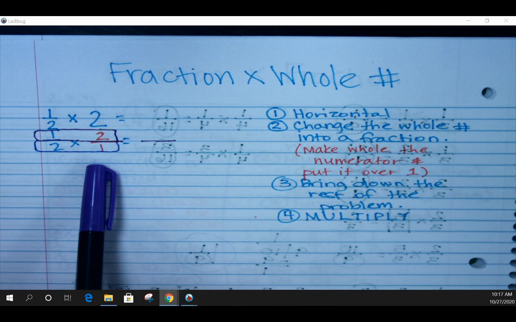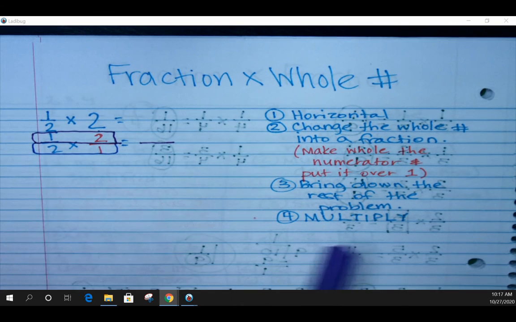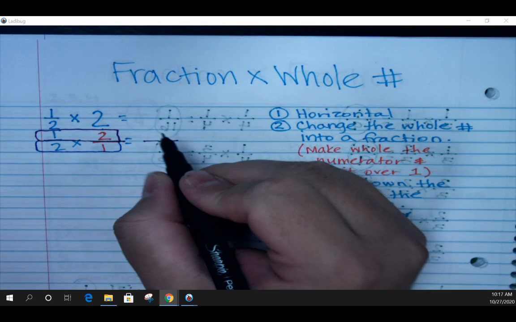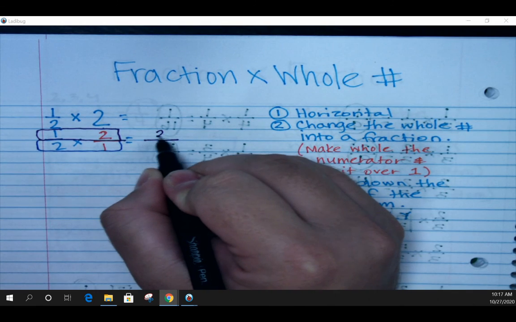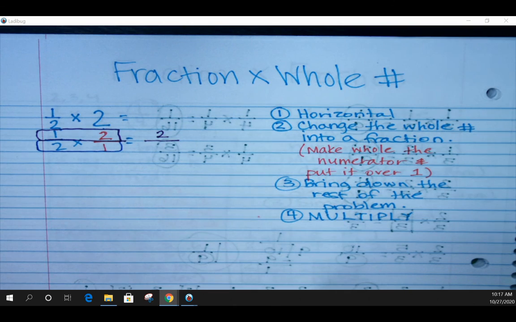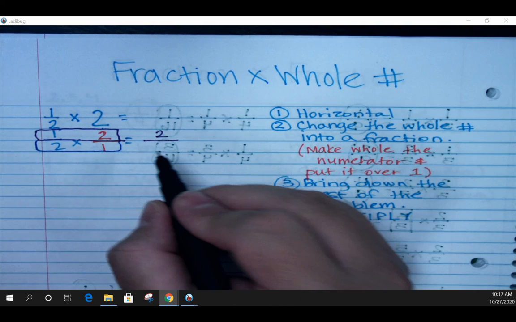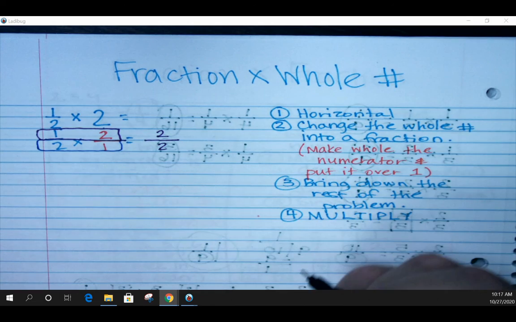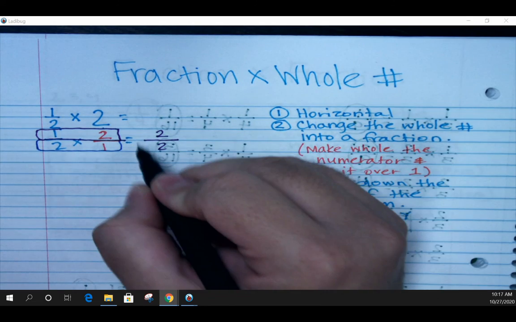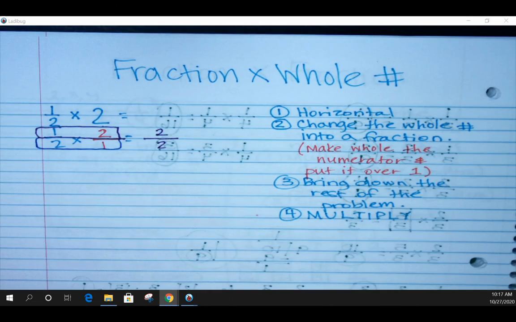Okay? So we remember when we multiply, we're going to multiply the numerator by the other numerator. And 1 times 2 is 2. Then we're going to multiply the denominator by the other denominator. 2 times 1 is 2. Now we have 2 halves. We remember that 2 over 2 is a form of 1.